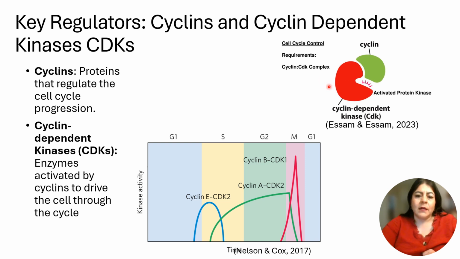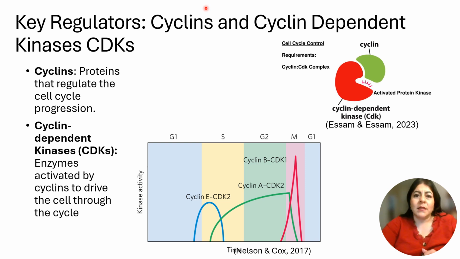This cyclin-bound, cyclin-dependent complex ensures that the cell cycle can progress from one stage to the next. Okay, so cyclins are proteins that regulate the cell cycle's progression by activating the CDKs. Those are the enzymes that drive the cell through the various phases.